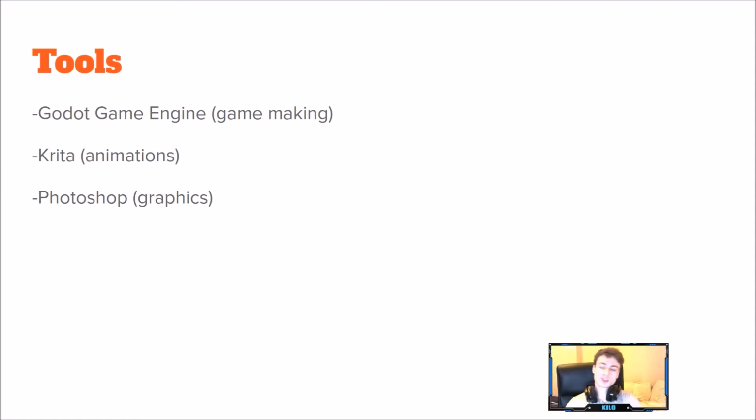Yeah, there's nothing more to say about the tools that we are going to be using. Surely, Krita and Photoshop is kind of a preference, but if we want to be on the same page, then we're definitely going to need to use the Godot Game Engine.